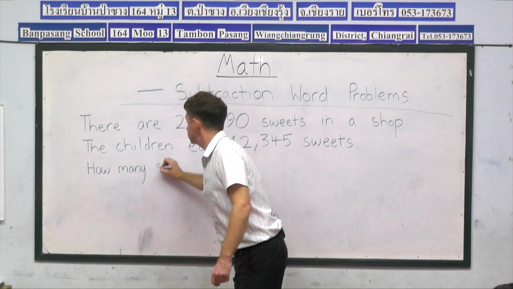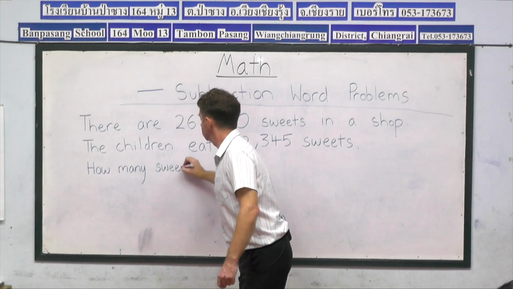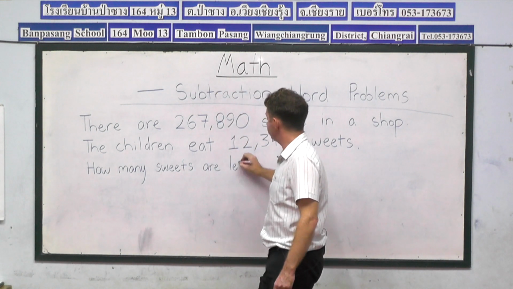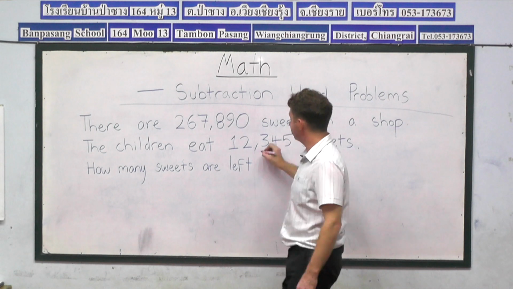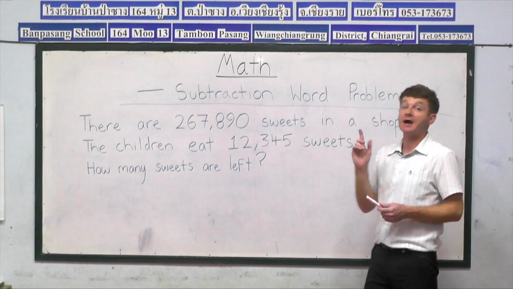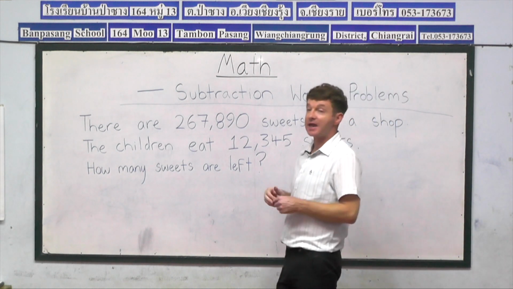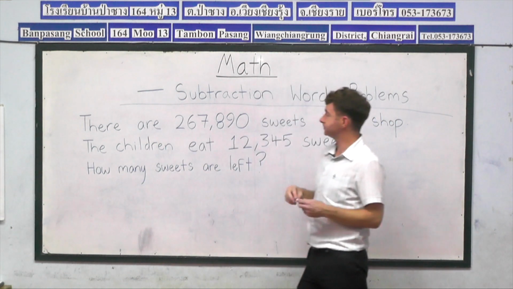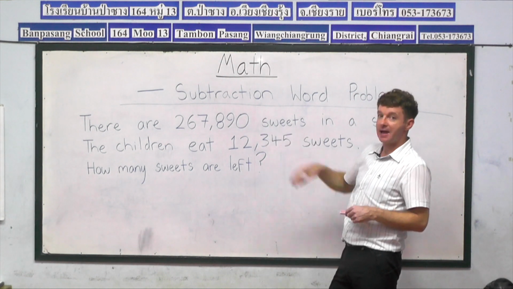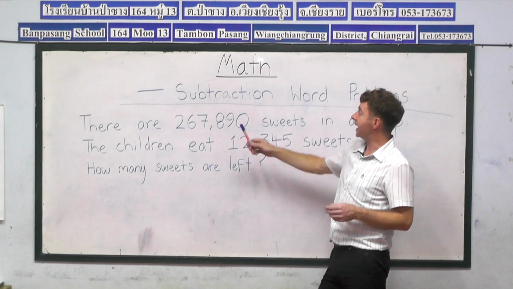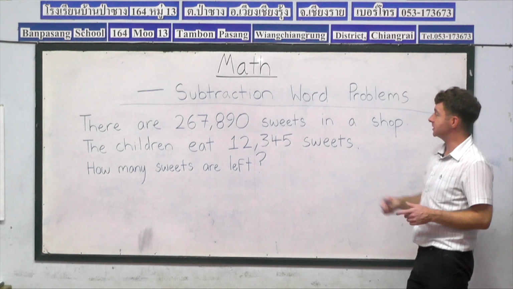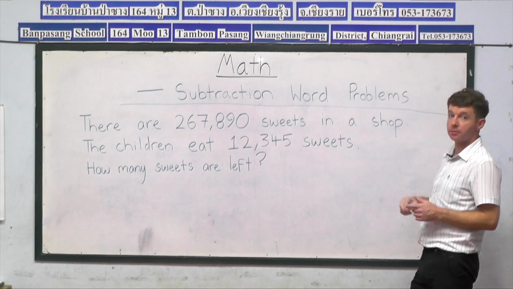So now our question: how many sweets are left? L-E-F-T, question mark. Excellent. So now we have our word problem. Let's read it together, guys. There are 267,890 sweets in a shop.